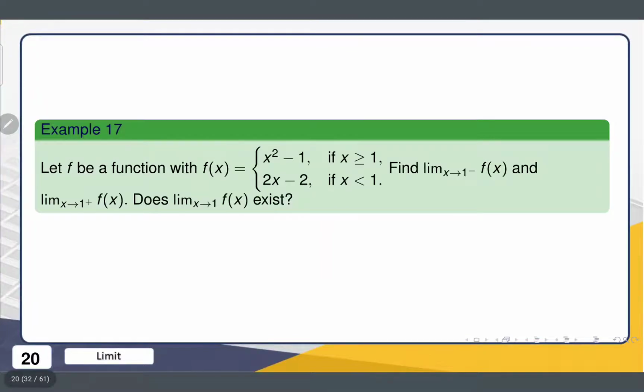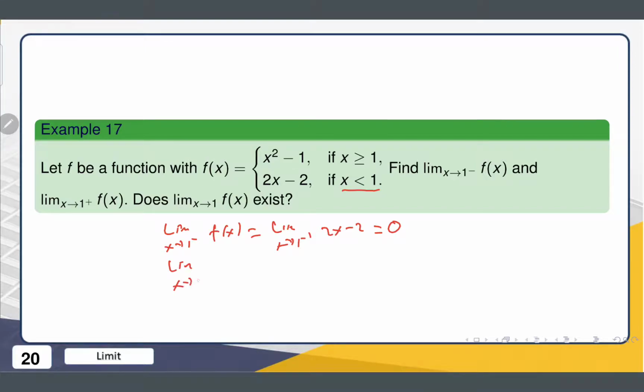For example, like this, we have the limit as x approaches 1 from the left of f(x). Because x is less than 1, we are using 2x minus 2, correct? So it is equal to 0.